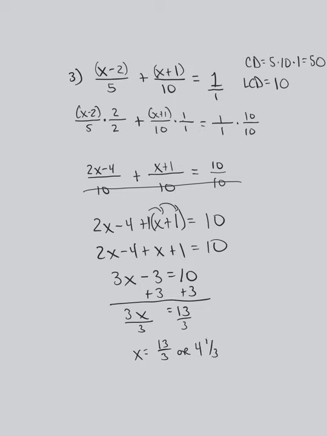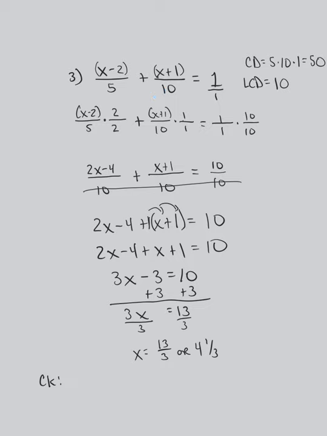And so now the key thing is for checking these, if you're going to check this, you might want to practice this on your calculator. Remember, you need parentheses in those numerators. So you're plugging 13 thirds into this big thing right here. Really, we just need to plug into the left side since it's just equal to 1. If we plug it in correctly into my left side and hit enter, I should get 1.